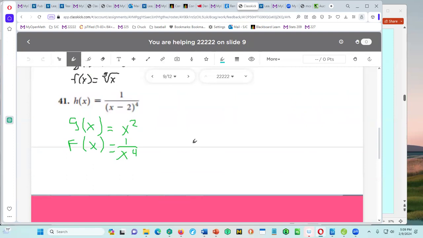If you do the check on number 41, you put the x squared in for x, and you end up with 1 over x squared to the 4th, which actually is 1 over x to the 8th.